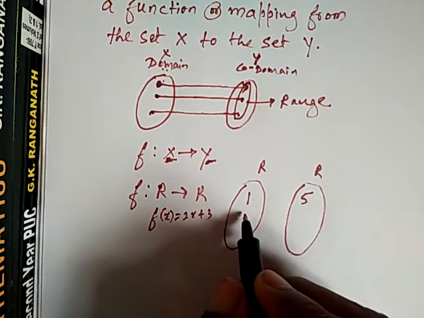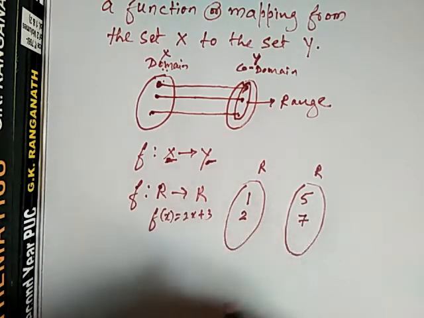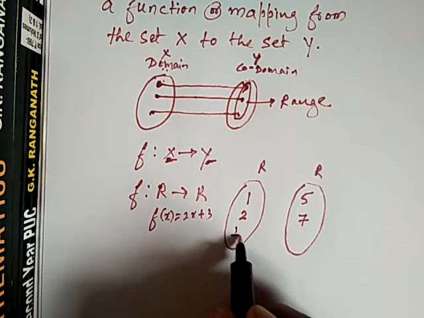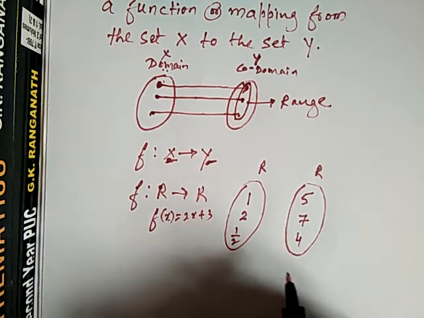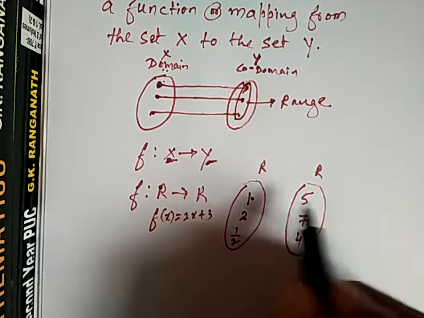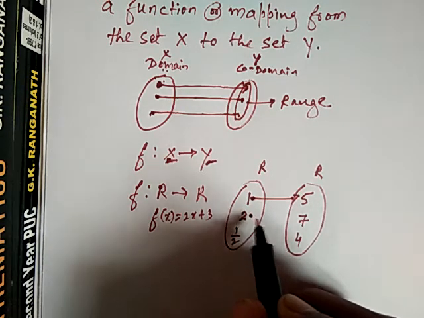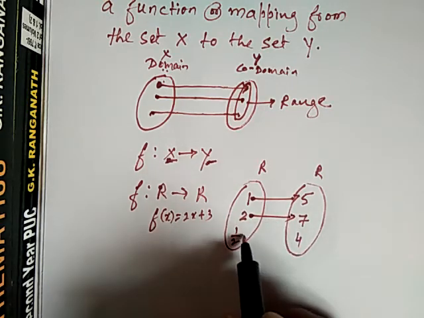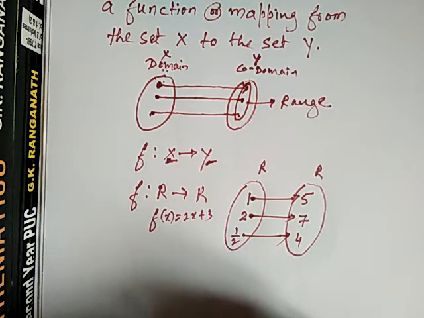If you put 2, you get 2 into 2, 4, plus 3, that is 7. If you put 1 by 2, 2 into 1 by 2 is 1, plus 3, it is 4. So 5 is the image of 1, 7 is the image of 2, and similarly 4 is the image of 1 by 2.